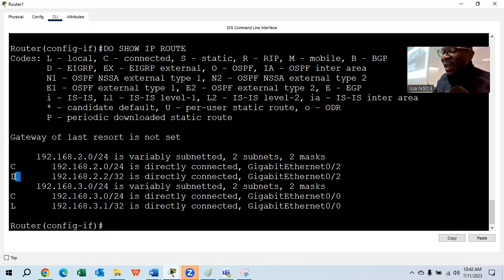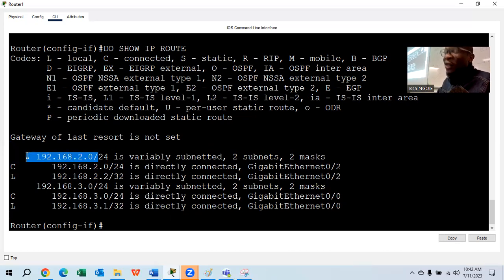When you check the L, it shows you the IP address of that interface, and that interface is 0/2, right? So from here, you will know how many networks you are connected to. You can just see your database.